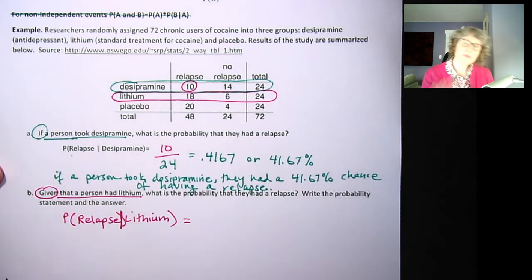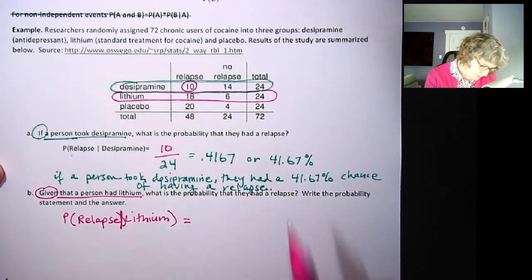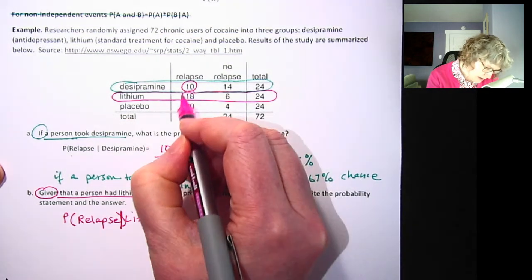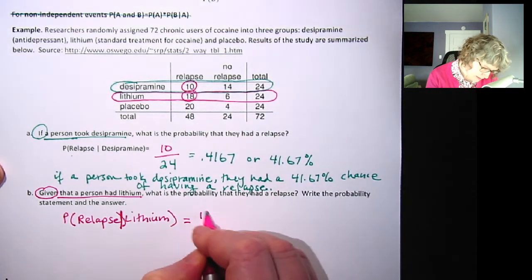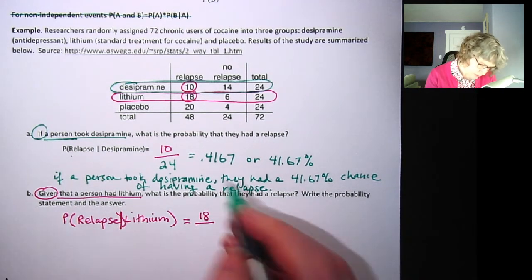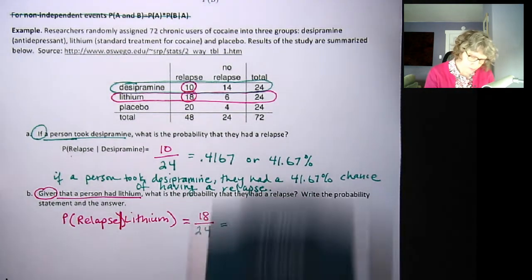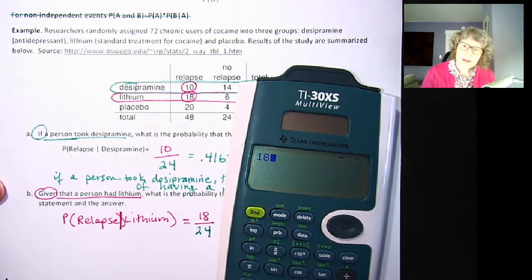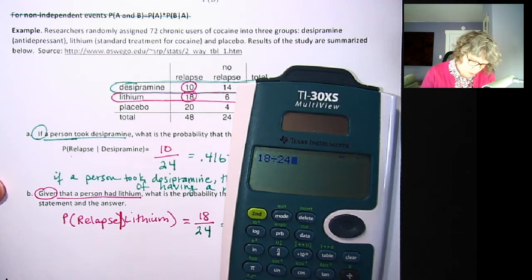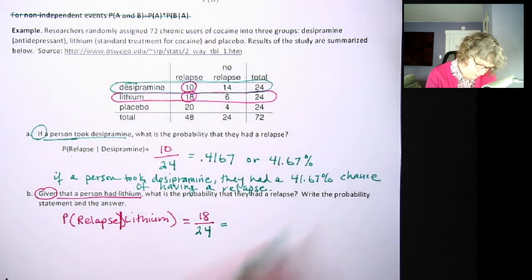And this is where it's really interesting to compare the different treatments. Conditional probabilities are used a lot. Okay, so in this case, 18 out of 24. 18 out of 24 is 0.75, 75%, much higher.